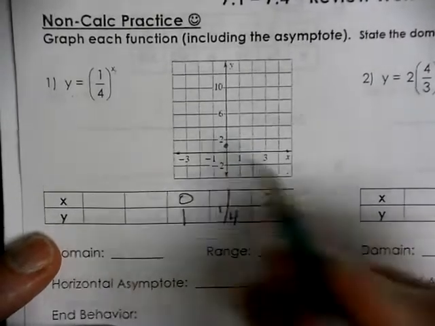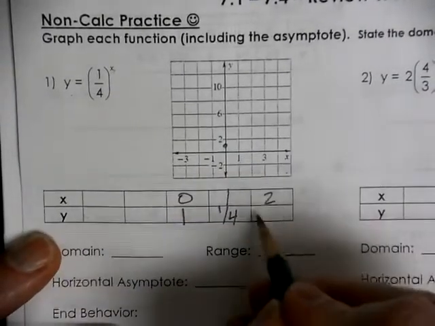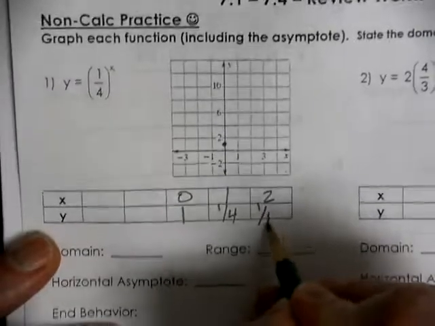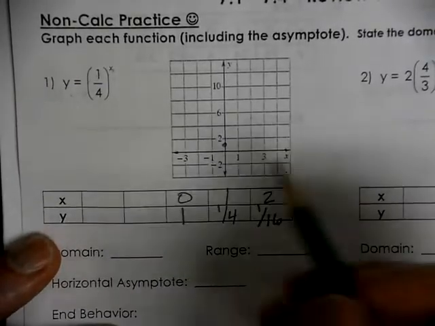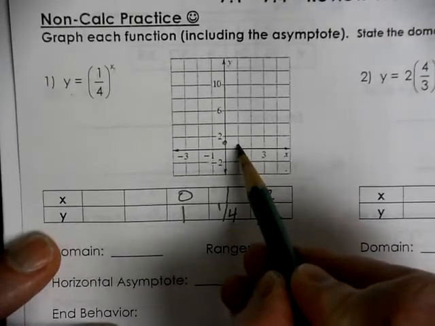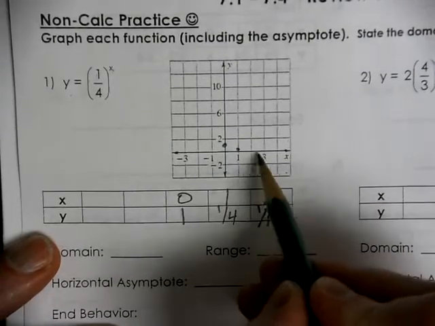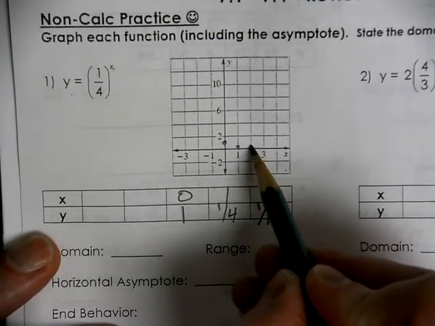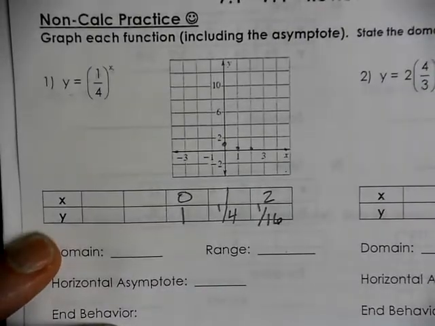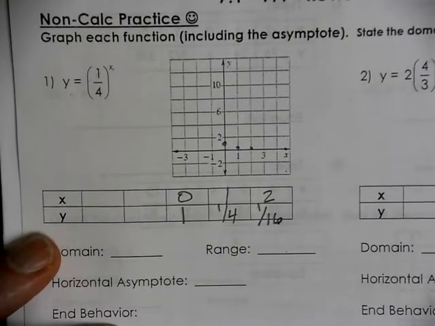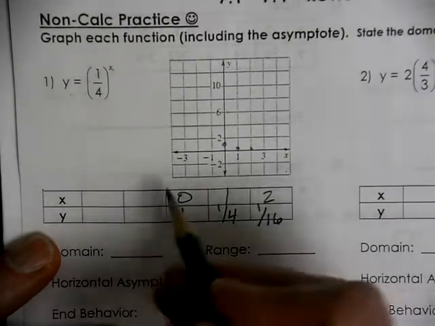When x is 2, you're going to get the square of your base. So you square the top and you square the bottom. So when x is 1, we're up at a quarter, and when x is 2, we're up at a 16th. And we're just getting closer to the x-axis, but it'll never reach it.